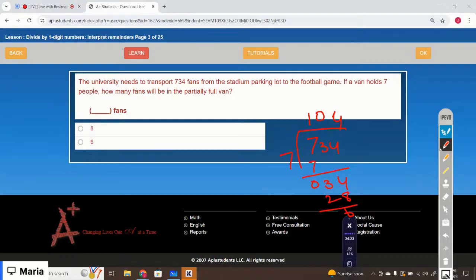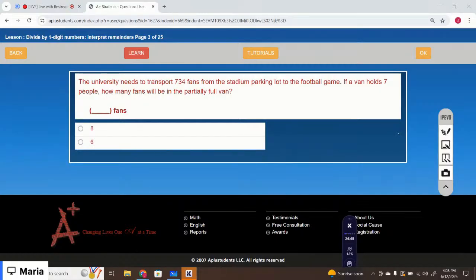So a van can hold 7 people, and the last van had 6 people. The correct option is 6. Option number 2 is the correct option, 6 it is.